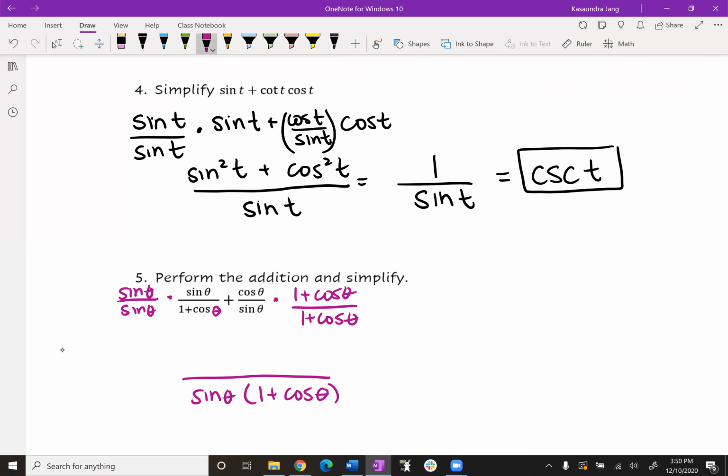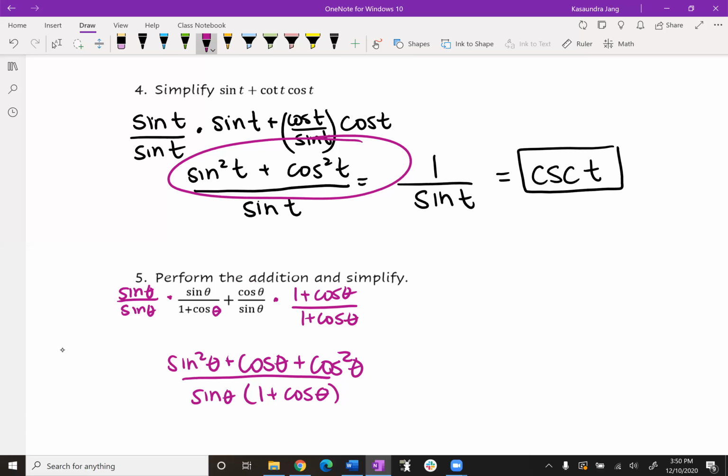Okay, the numerators though, let's look at this. This first numerator was sine times sine. So sine squared. And this numerator is a 1 plus cosine times cosine. Let me see, I think I'm going to distribute this. So cosine times 1 is cosine, and cosine times cosine is cosine squared. All right, so I at least combined my fractions. It still looks pretty messy though. But I do have kind of something ringing in my head here.